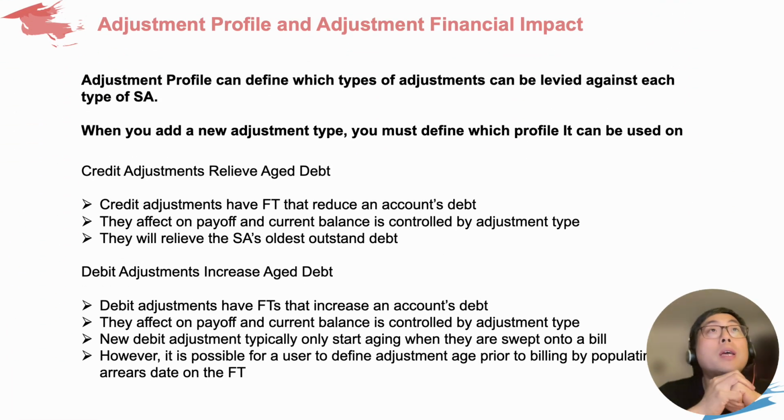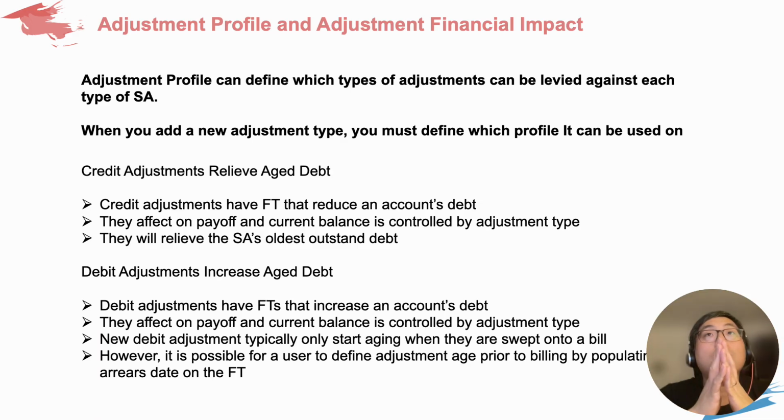Right, so let's look at adjustment profile. Adjustment profile can define which type of adjustment can be levied against each type of SA. So it is a relationship between adjustment and SA, if they can be related. When you add a new adjustment type, you must define which profile it can be used on.